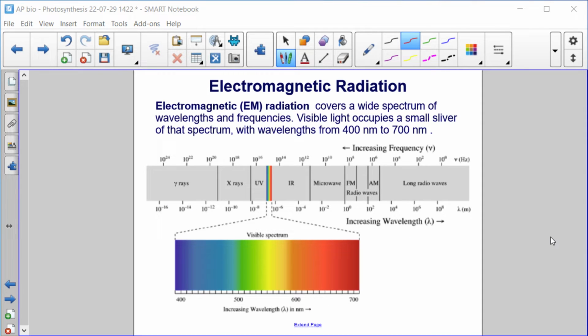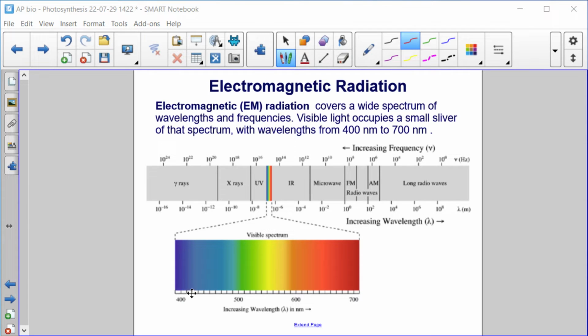Electromagnetic, or EM, radiation covers a wide spectrum of wavelengths and frequencies. Visible light occupies a small sliver of that spectrum. You can see that small sliver right here between UV and infrared, and it has wavelengths starting at 400 nanometers and going to 700 nanometers.